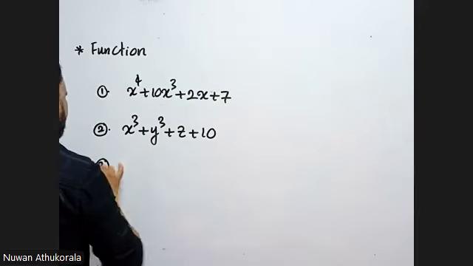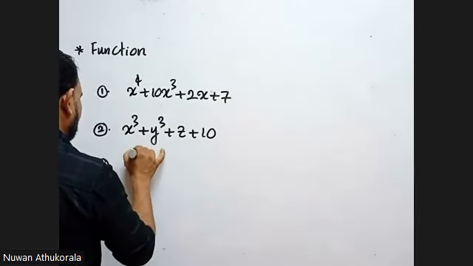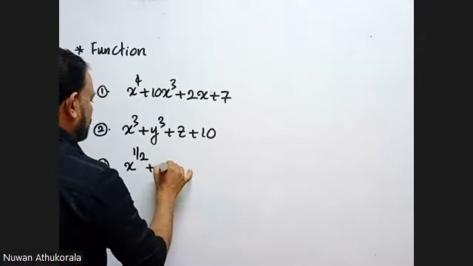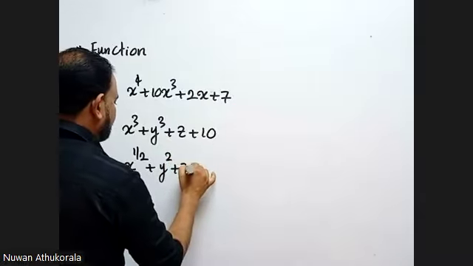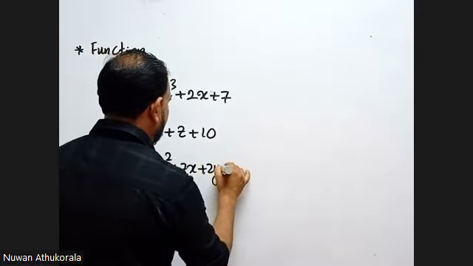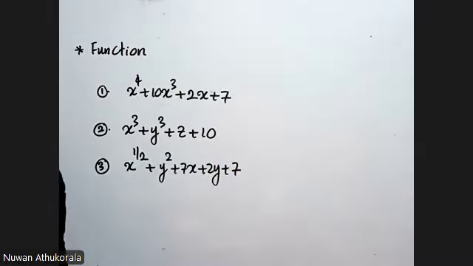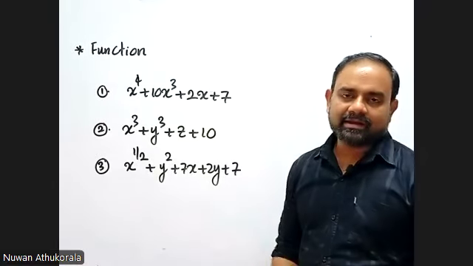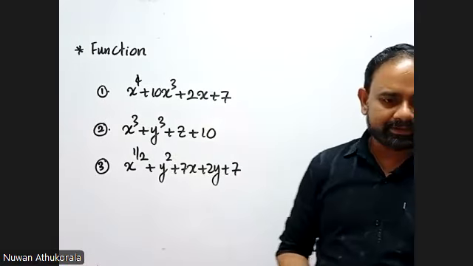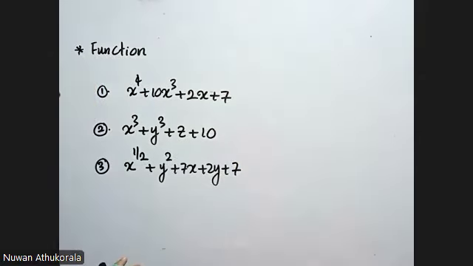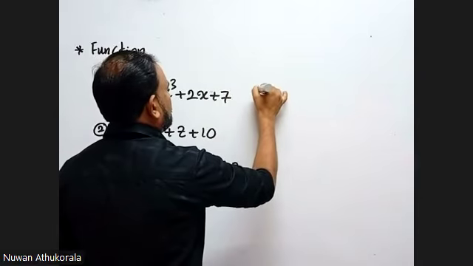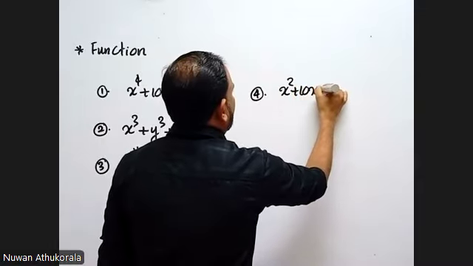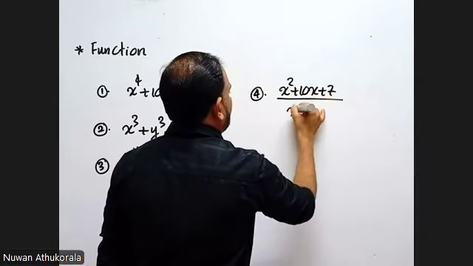Third example, x to the power half, y squared plus 7x plus 2y plus 7, right? Variables of the third function are x and y. Number 4, x squared plus 10x plus 7 divided by x plus 2.